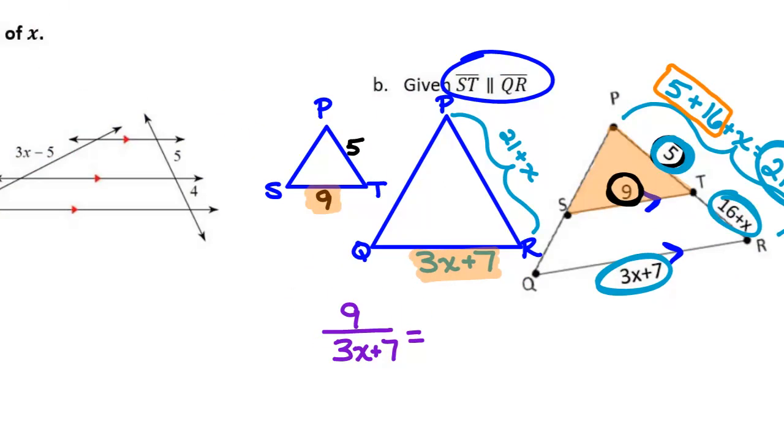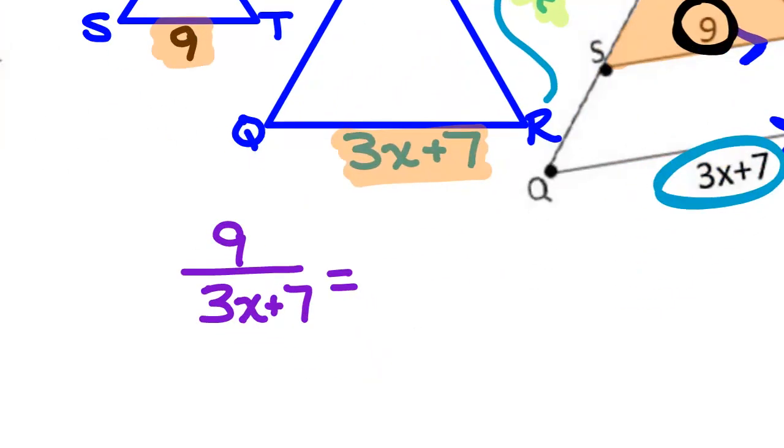And that would be equal to, and then I have 5 and 21 plus x. Which number has to go in my numerator because I already put 9 on top of the other one? 5 has to go on top of this fraction. So 5 over 21 plus x.